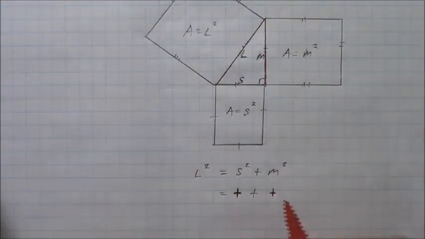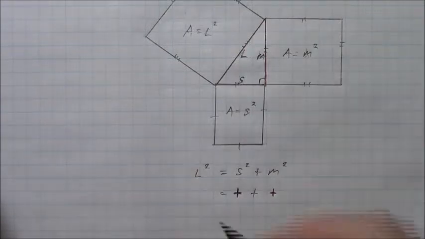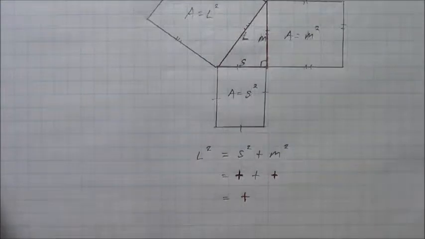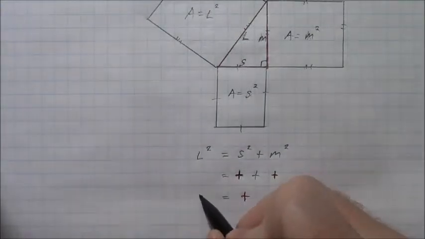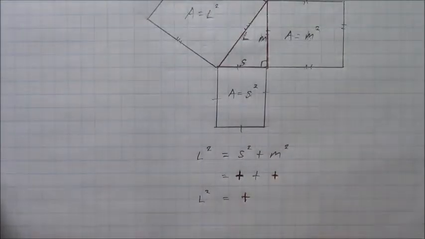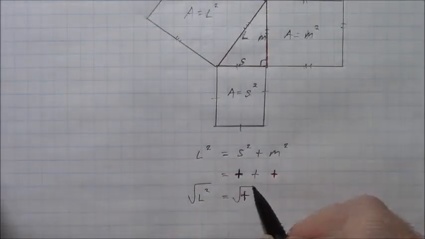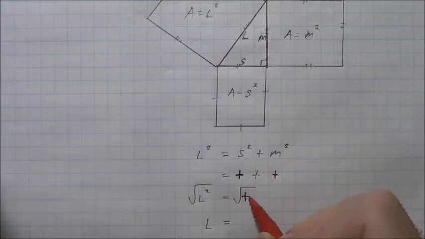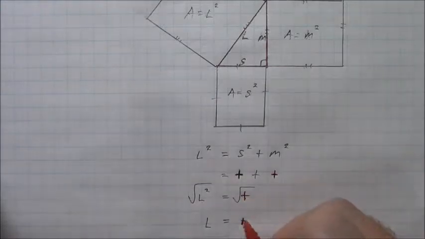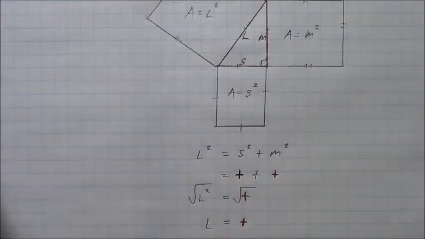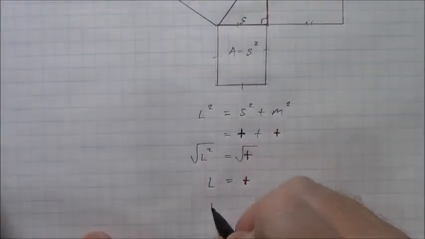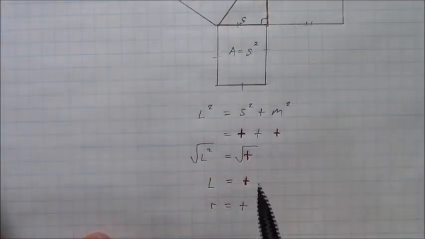So we're adding two positive numbers, so the result is going to be positive. Then L squared is that, so taking the square root of both sides, L is, of course, a positive value. That just shows you that the radius of our unit circle is always going to be positive.